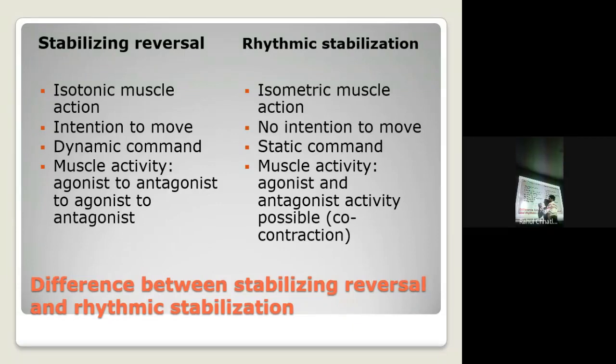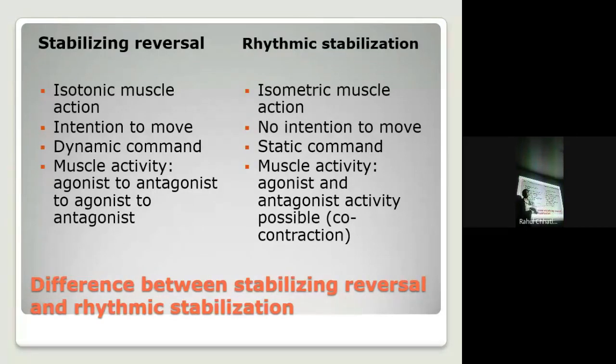In the last lecture I had probably told you this term. Co-contraction means agonist plus antagonist contraction. Whenever two opposite groups of muscles, say for example biceps and triceps, are contracting together, it is termed as co-contraction.